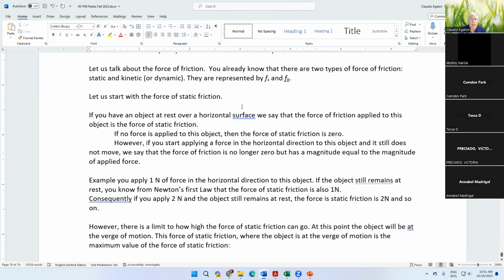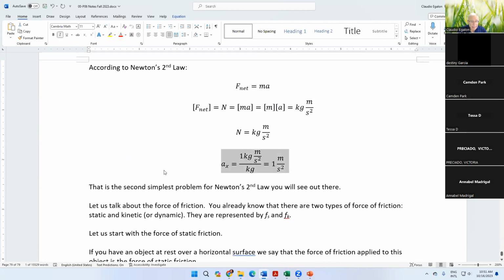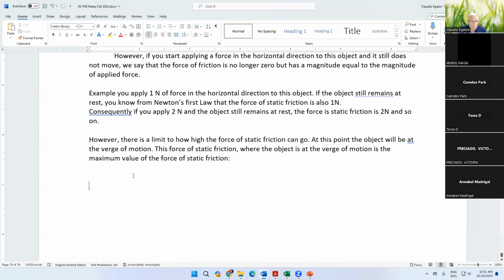In this case, there is a relationship for that, an important relationship that I want you to memorize. The maximum value of the force of static friction is going to be given by a coefficient that we call mu sub s, coefficient of static friction, times the normal.